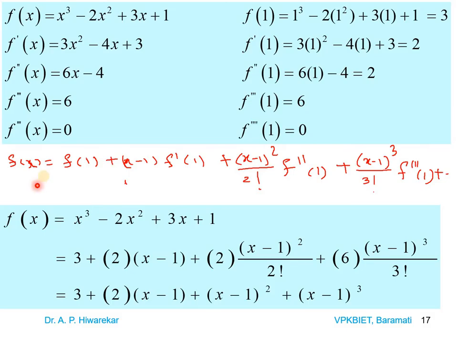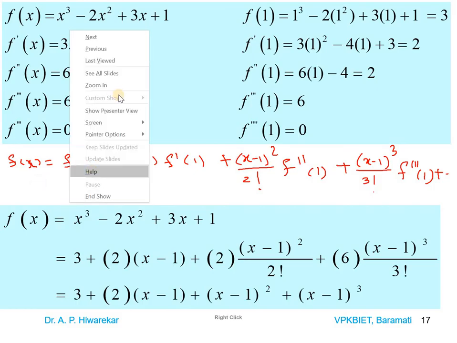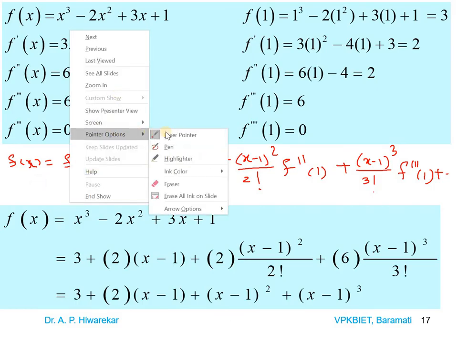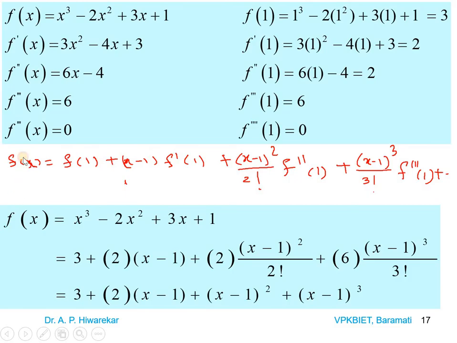So expand the same function in powers of x plus 1. In that case, what will you do?